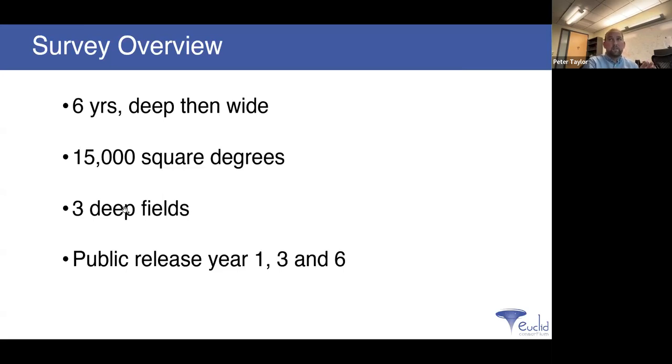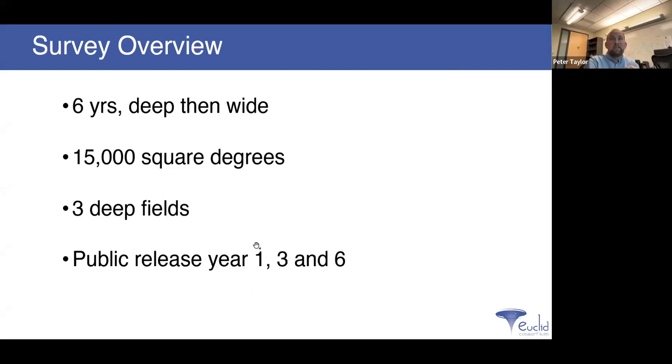So in addition to that wide field survey, Euclid is also going to have 3 deep drilling fields. So this is going to be a great legacy science data set, but it's also going to help us calibrate those wide fields.